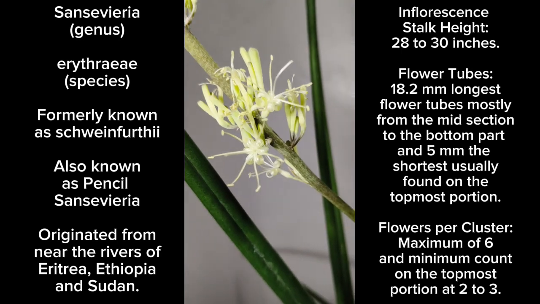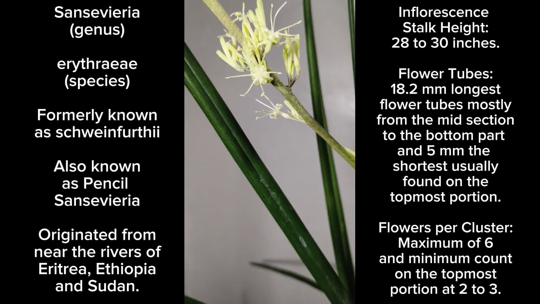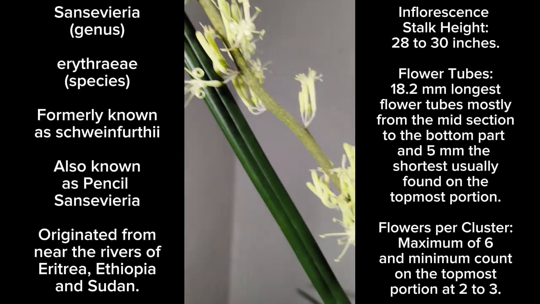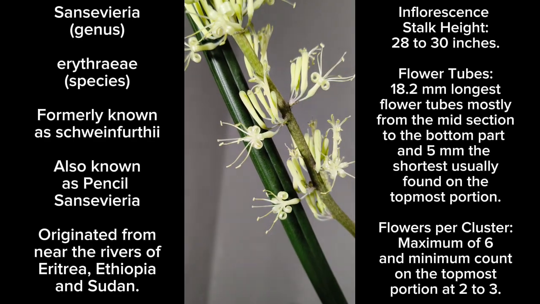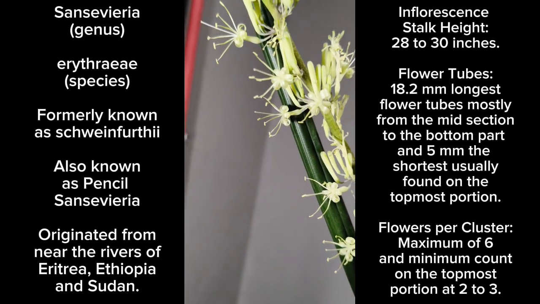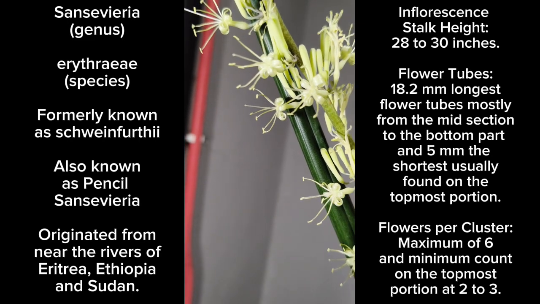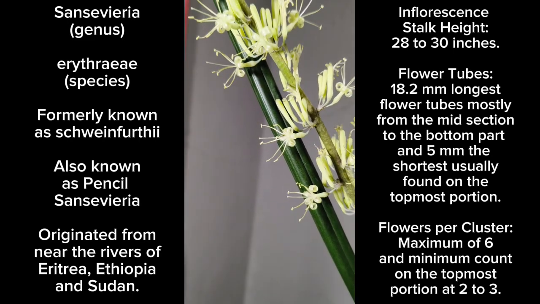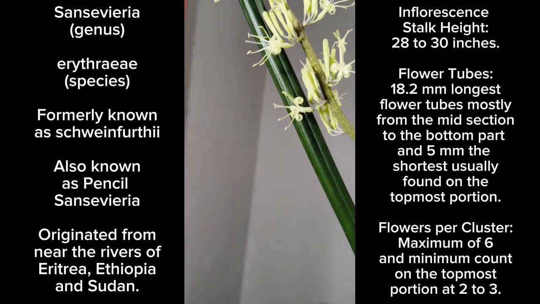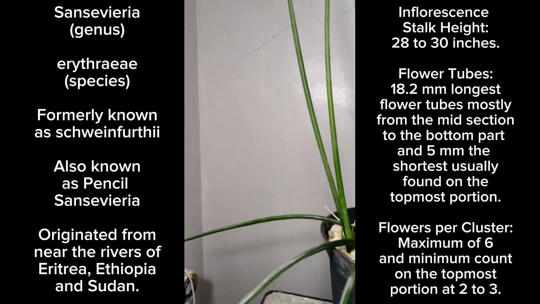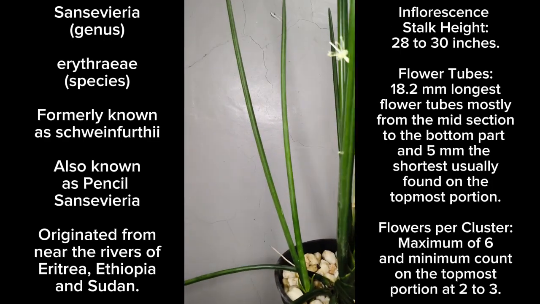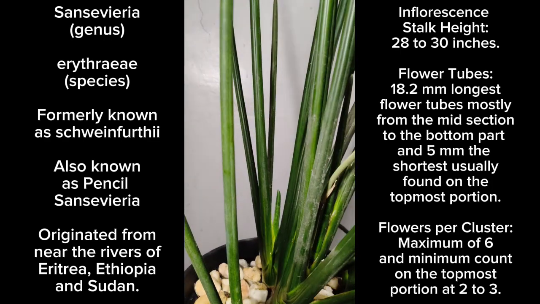Now for the flowers per cluster, I haven't counted it, so this is the first time that I will, and perhaps I will check the easiest ones to count. And this one is 1, 2, 3, 4, 5, 6. 6 is my first count, and I'm checking out the others because, like I mentioned, I'm trying to search for the ones that will be very easy to count.